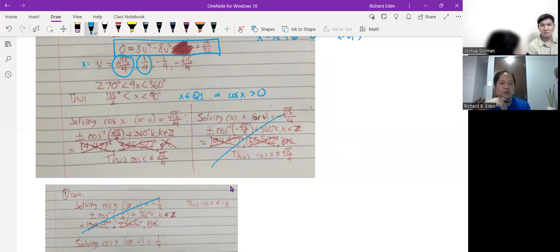that leaves us with only square root of 15 over 4 and also 1 over 4. And I see that you used your calculator to try to figure out which is the correct value of cosine x. Is it square root of 15 over 4 or 1 over 4?